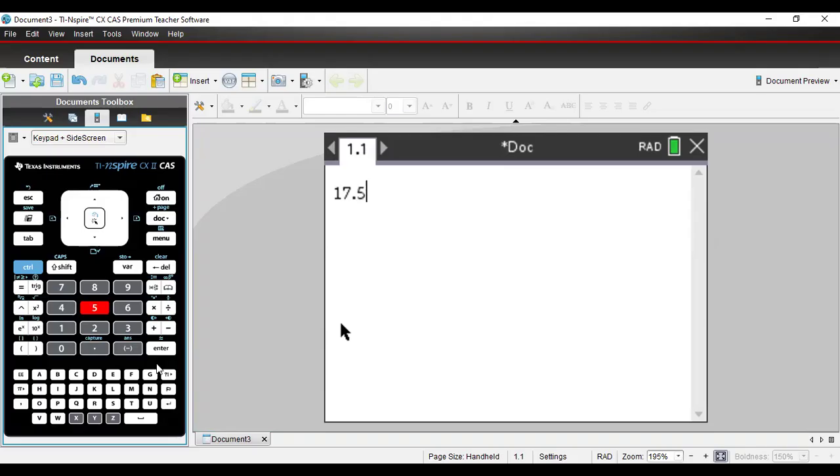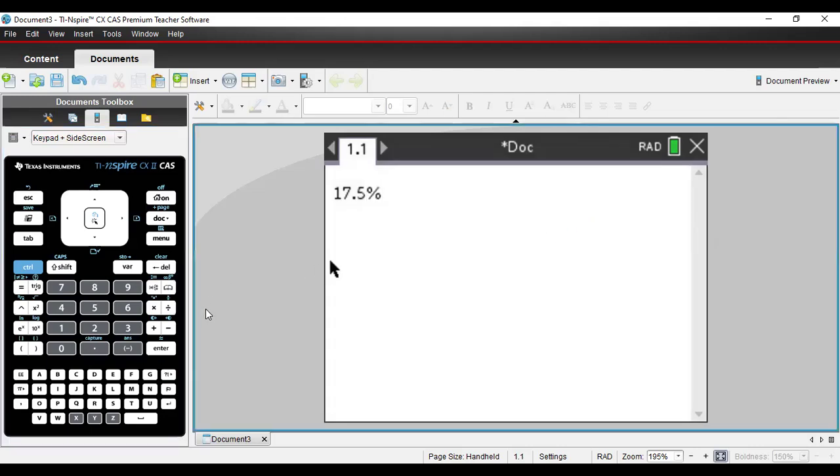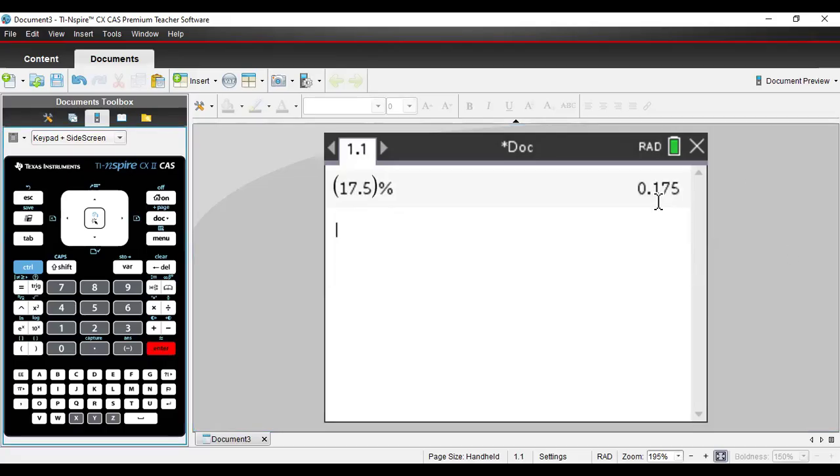Here is where the percent key is. It is right above the little flag. You see this little flag here, and right above it is the percent sign. Now when you press enter, it's going to convert it to a decimal. So 17.5% is the same thing as 0.175.